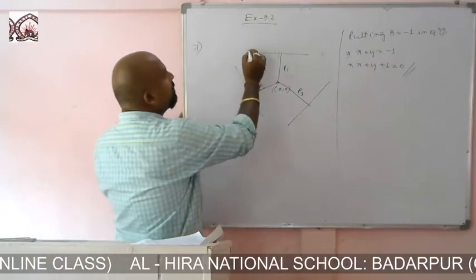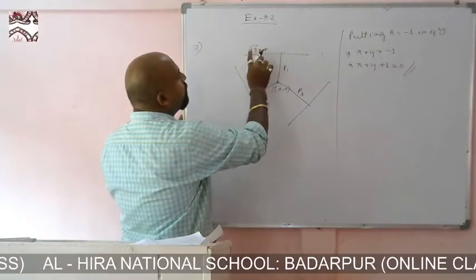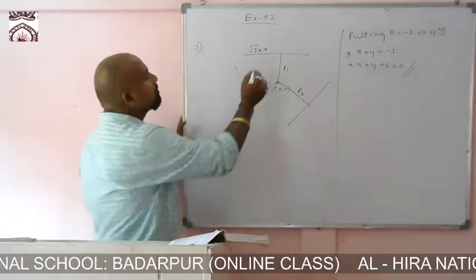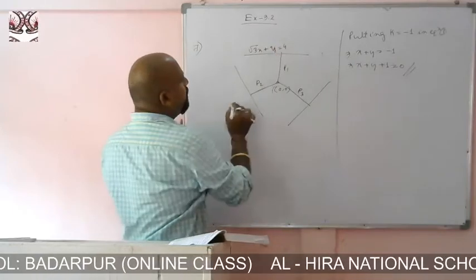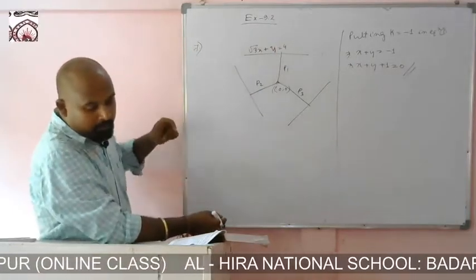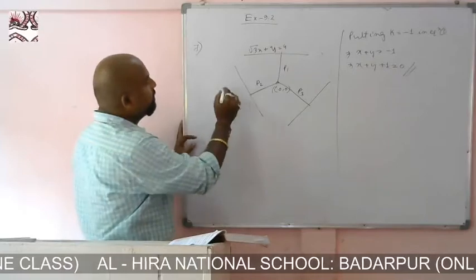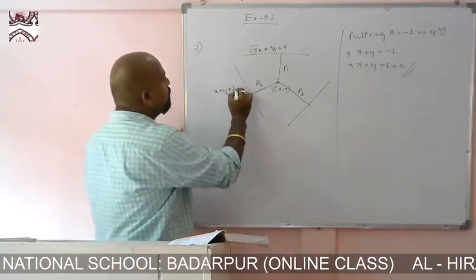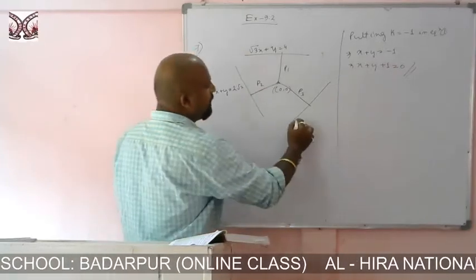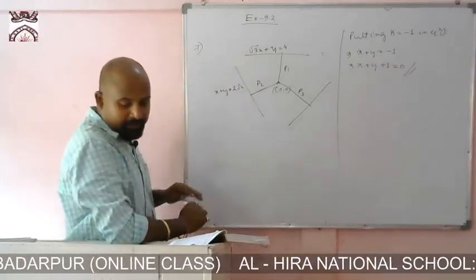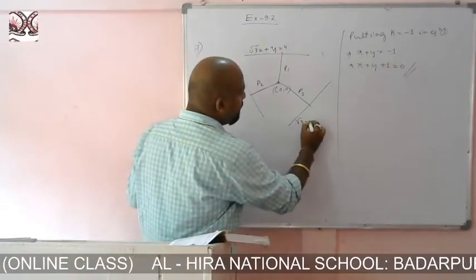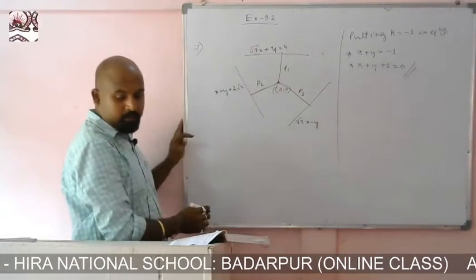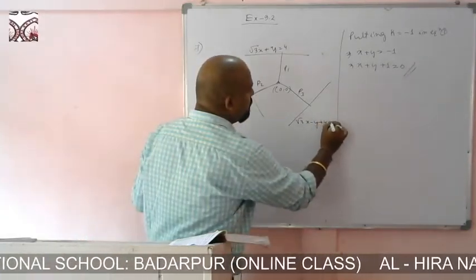Here the equation of this line is root 3 x plus y equal to 4, the equation of this line is x plus y equal to 2 root 2, and the equation of this line is root 3 x minus y plus 4 equal to 0.